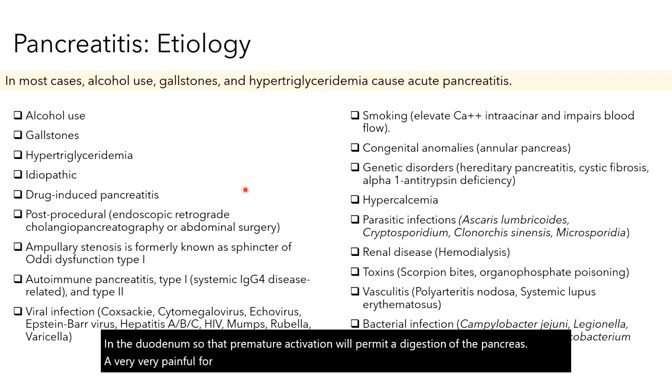You have pancreatitis after an obstruction of the Wirsung duct due to parasites, Cryptosporidium, Ascaris, Clonorchis, or others. Also cystic fibrosis, alpha-1 antitrypsin deficiency, smoking.